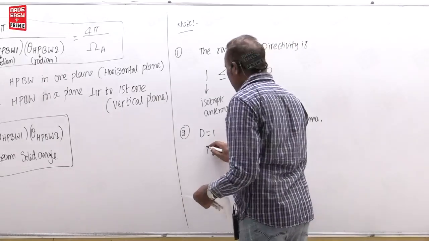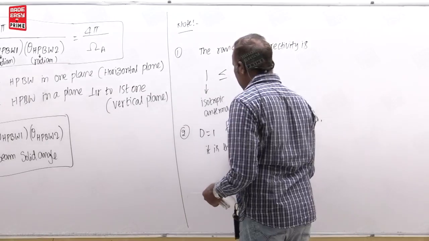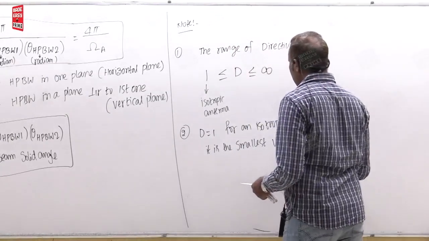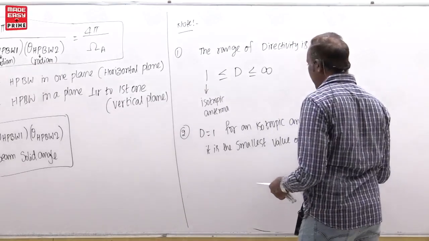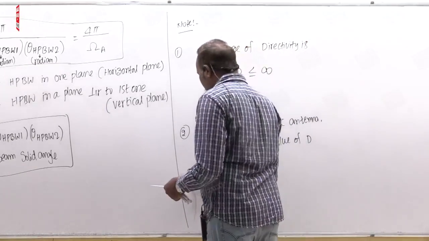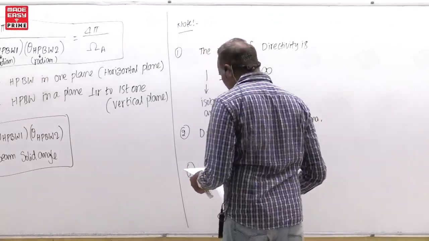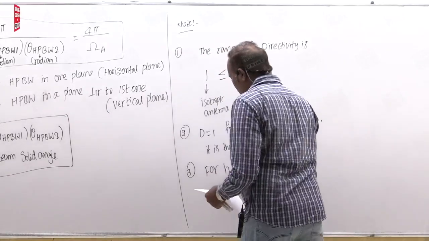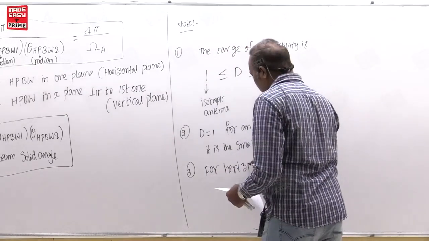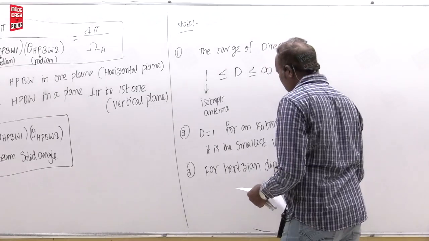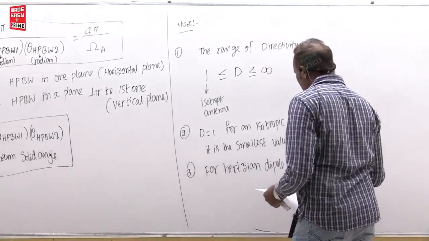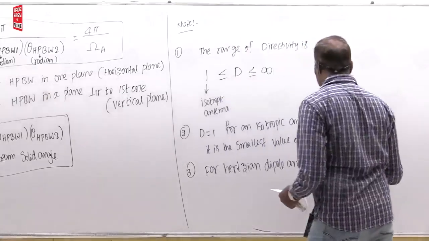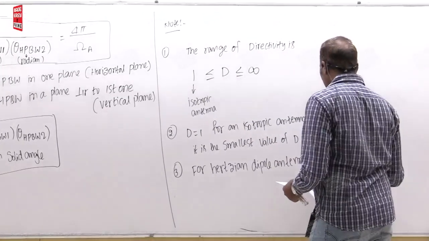So it is the smallest value of directivity D. Next point, for Hertzian dipole antenna, directivity is equal to 1.5, student.